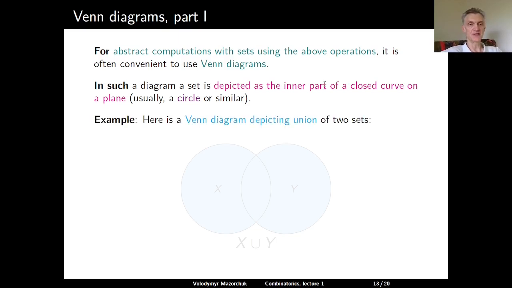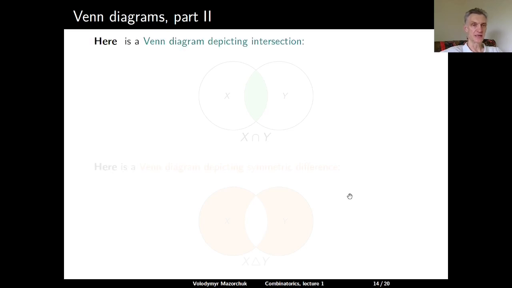For example, here is a Venn diagram which depicts the union of two sets. We have two circles, one representing a set X and another one representing a set Y. So the colored part of this picture consists of all points which are inside the circle of X or inside the circle of Y.